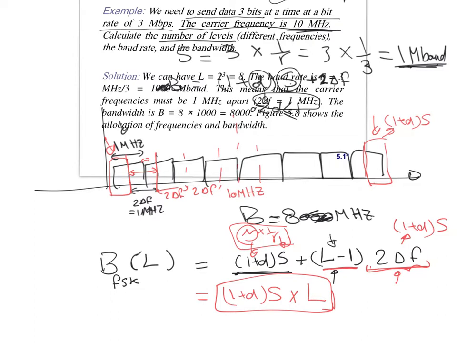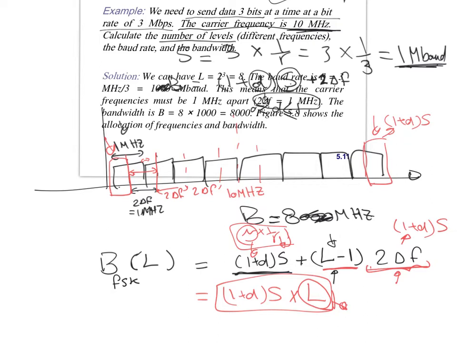In FSK, we did not succeed in doing this, because if you increase the value of R, this means you increase the value of L, right? The bandwidth is inversely proportional to R, but directly proportional to L. In other words, we cannot fool FSK when it comes to sending more bits in one symbol.